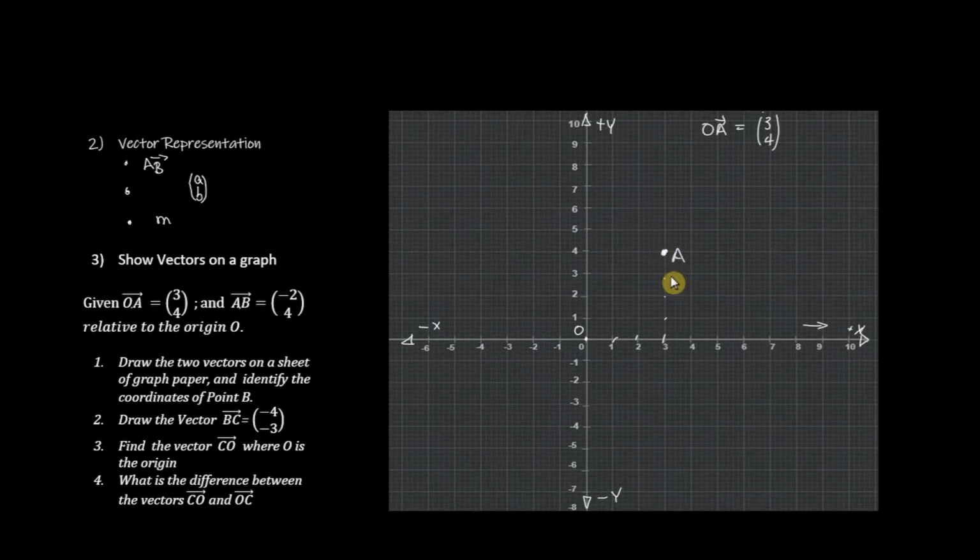So now that we have the point A, we can draw the vector OA. What is the vector again?